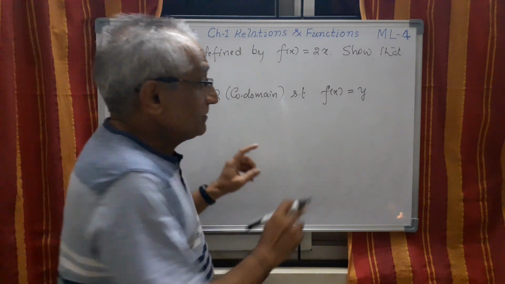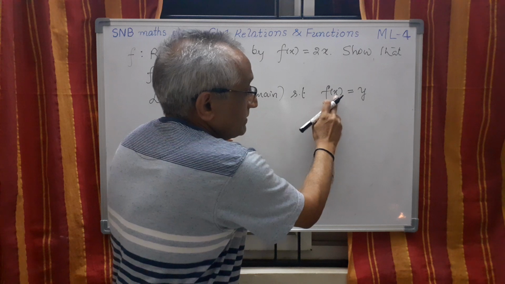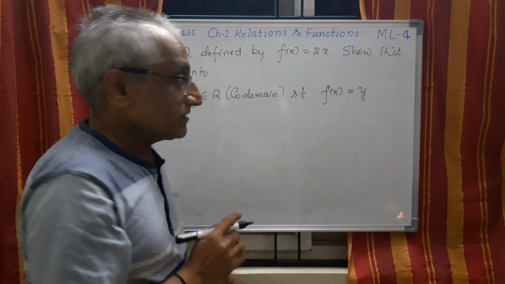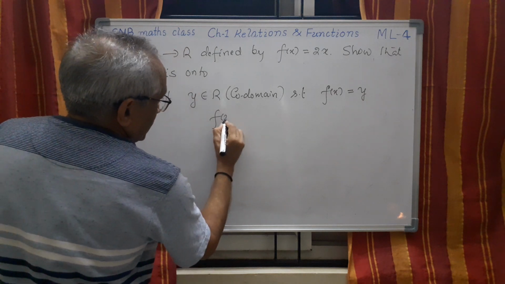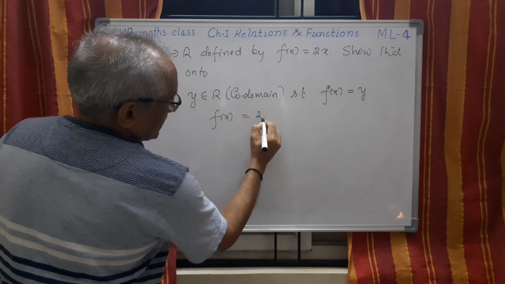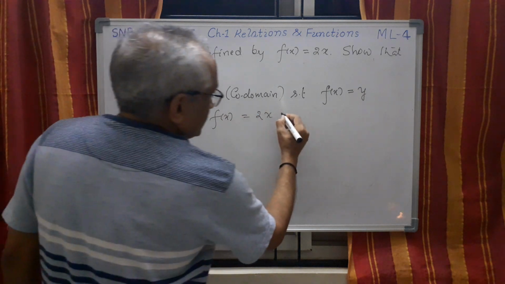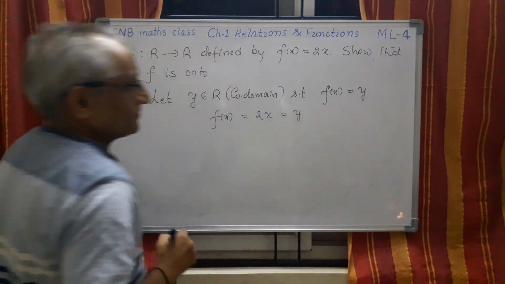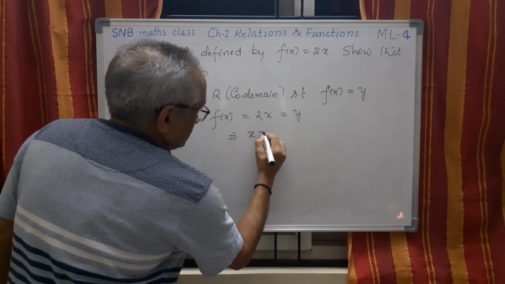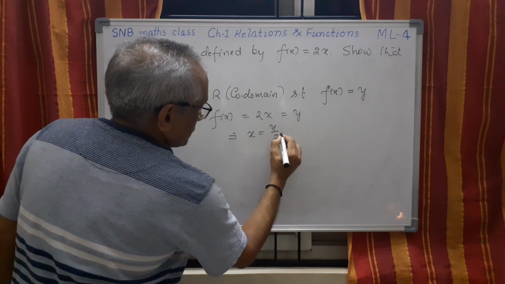If I am able to find an element here which is the pre-image of this, my work is done. Now f of x is 2x, so this equals y. This implies x must be equal to y by 2.